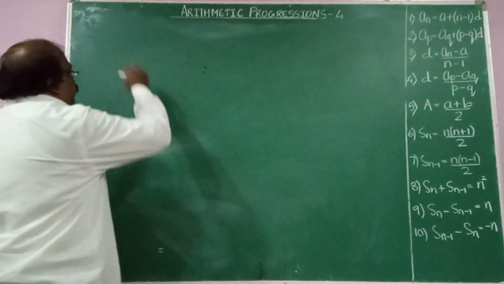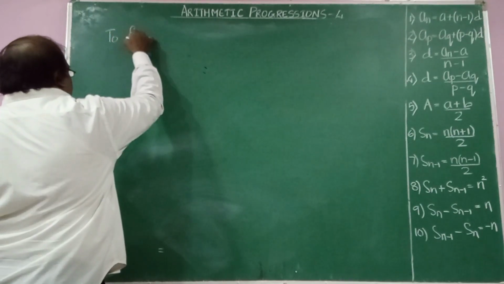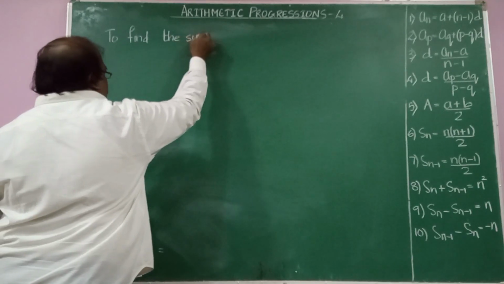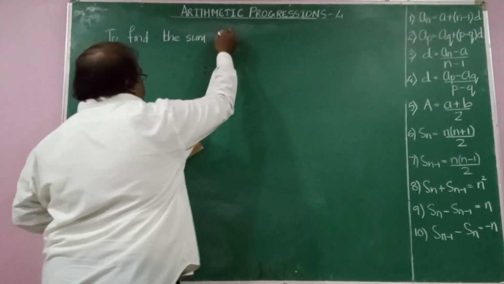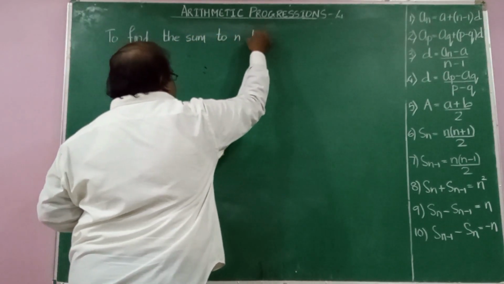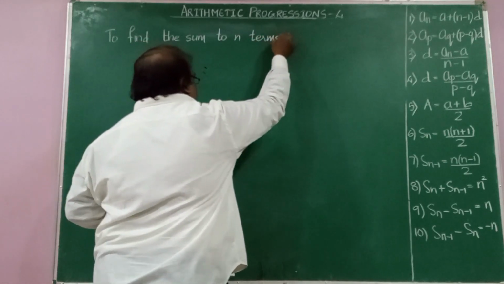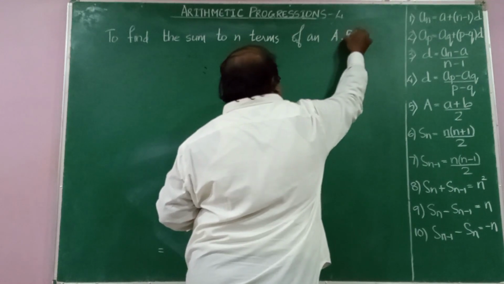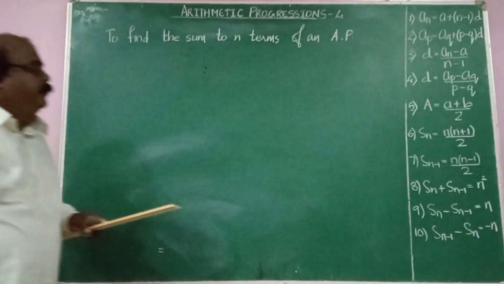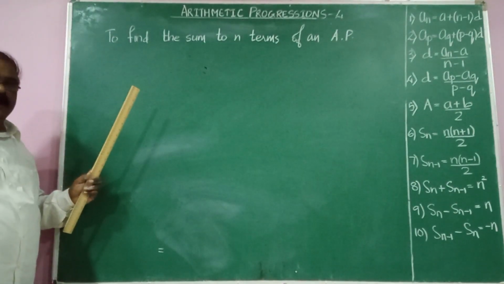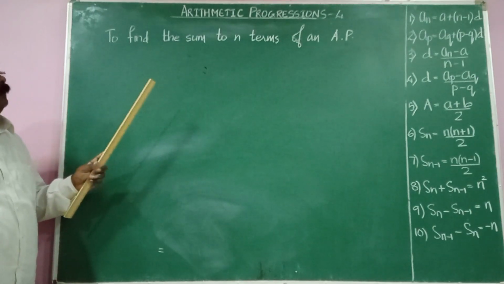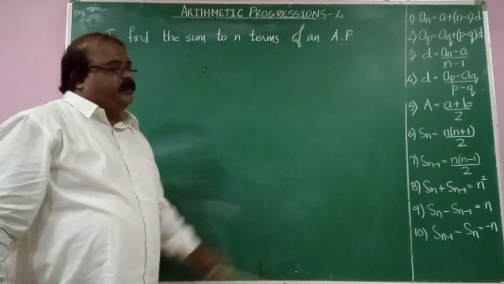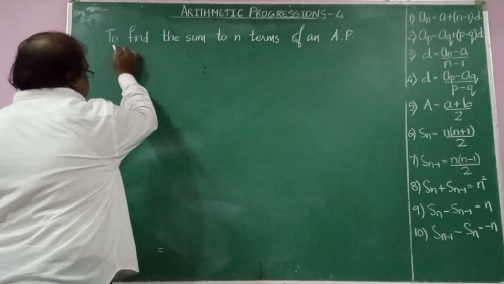A new formula to find the sum to n terms of an arithmetic progression. A very important formula. I am deriving a very important formula to find the sum to n terms of an arithmetic progression.